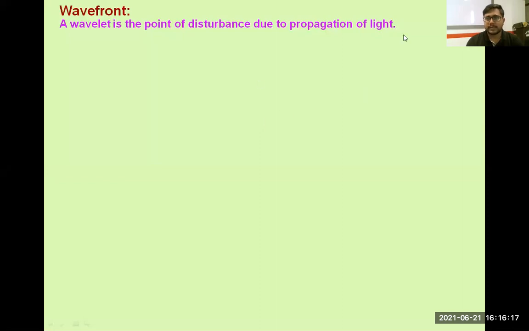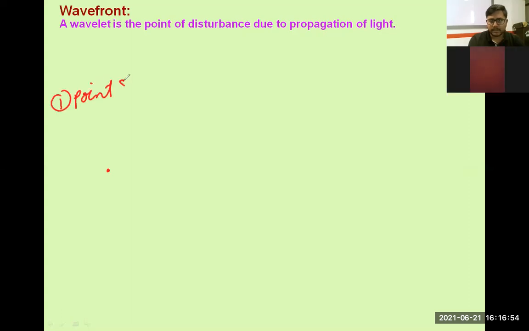What I mean to say here is that suppose we take any source of light, a point source of light like this. So basically, a ray of light, if this is the source of light, or you can say the first one is your point source.